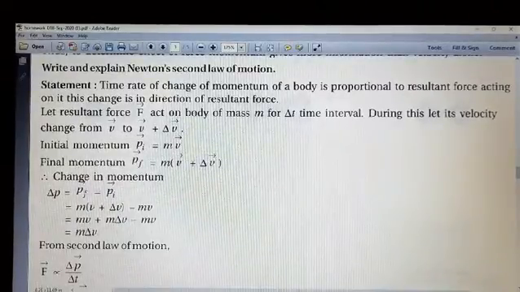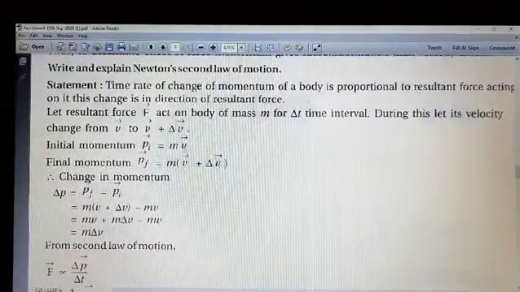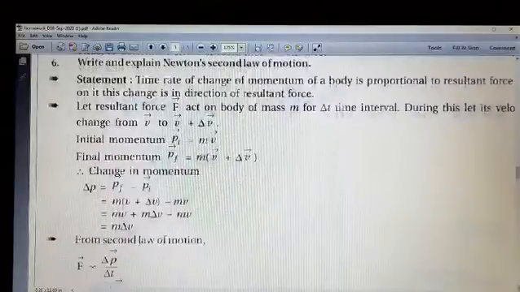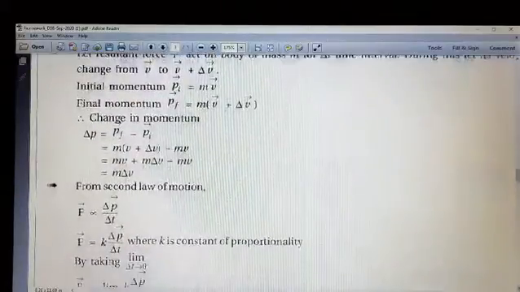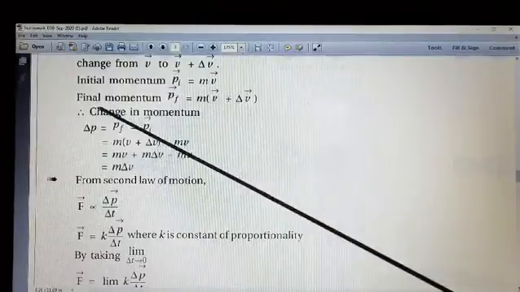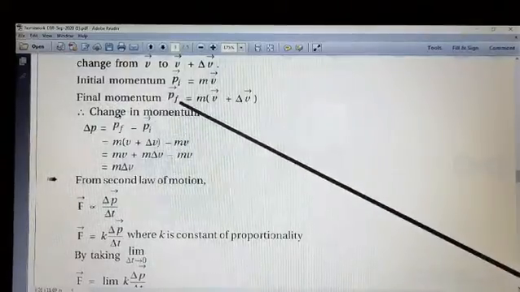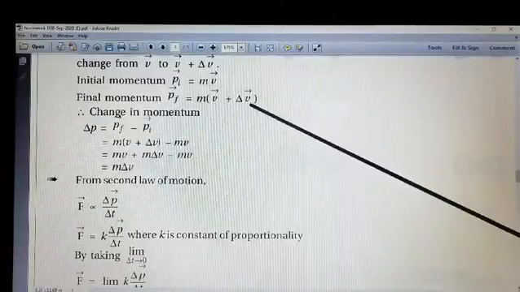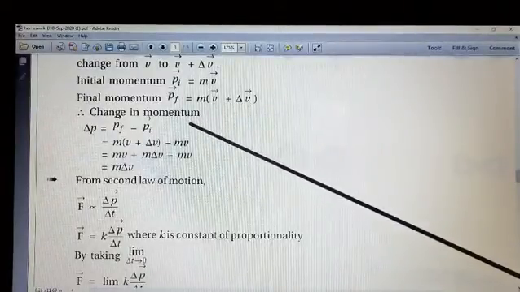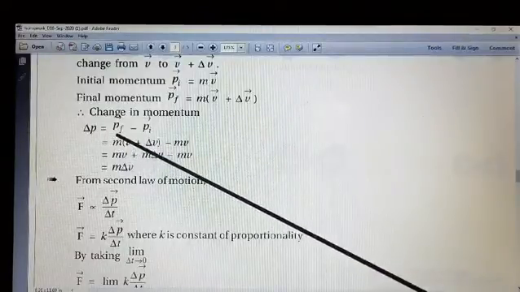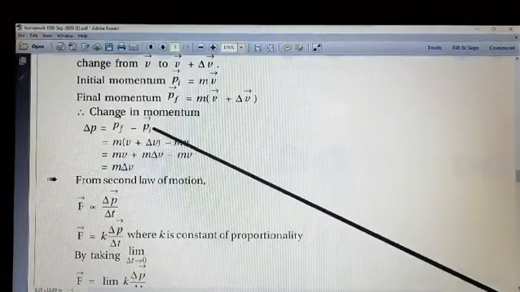First of all, we want to find its initial momentum. According to the definition of momentum, we can write Pi is equal to mv, and final momentum Pf is equal to m(v plus delta v). So change in momentum, denoted by delta p, means final momentum minus initial momentum.